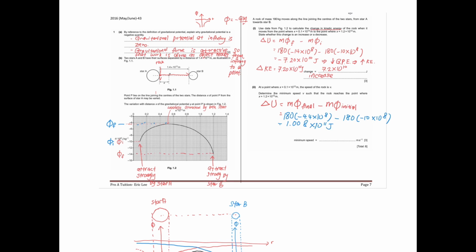So this time, the situation is we get a positive delta U. A positive delta U means there is an increase in gravitational potential energy. So based on the principle of conservation of energy, when gravitational potential energy is increasing, that means the kinetic energy has to be decreasing.